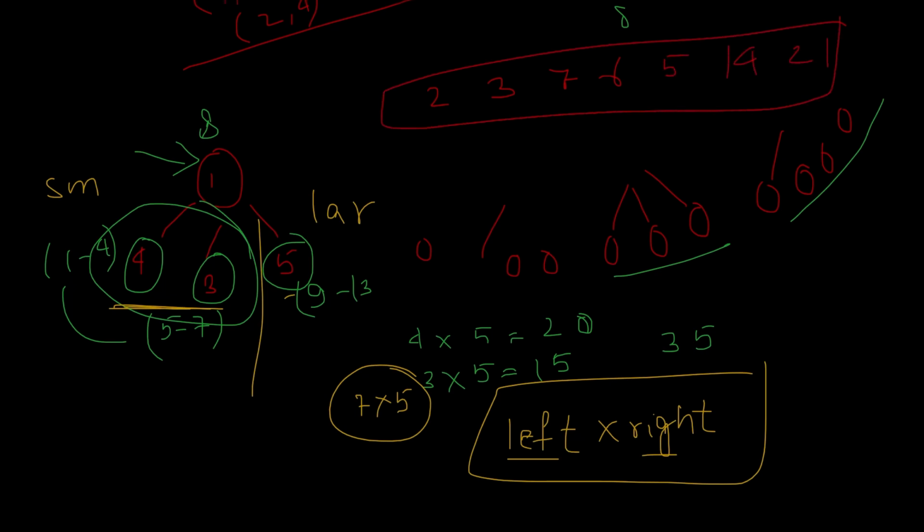So the parent has 7 children, which in turn have this many children. We need to partition these children into two halves such that their multiplication, left into right, is maximum. And we achieve that when both sides are comparable, that is, the difference between them is minimal.